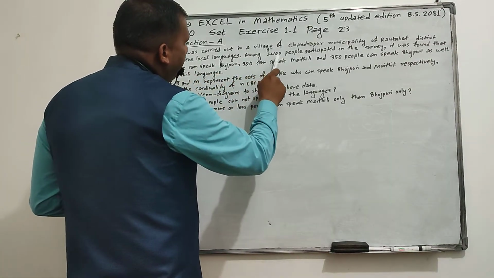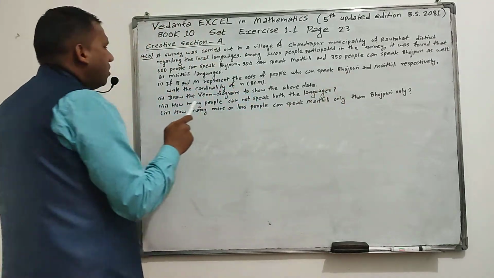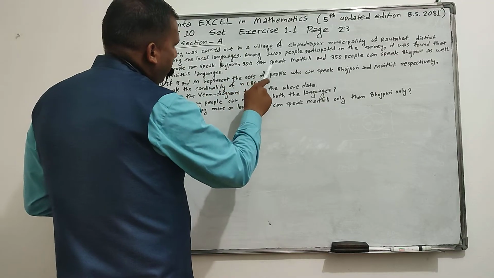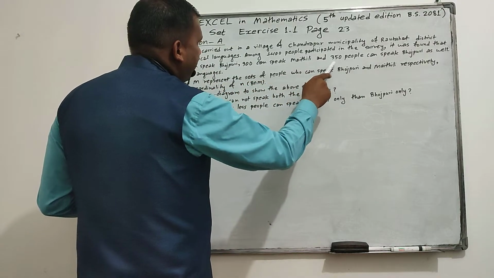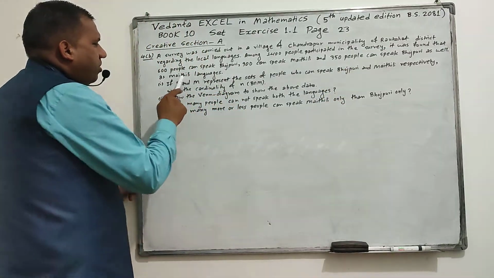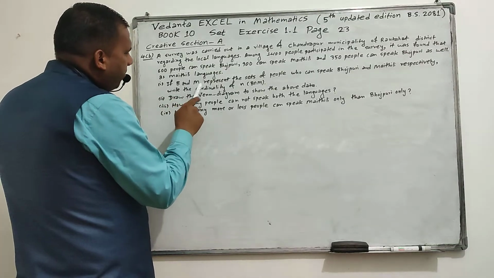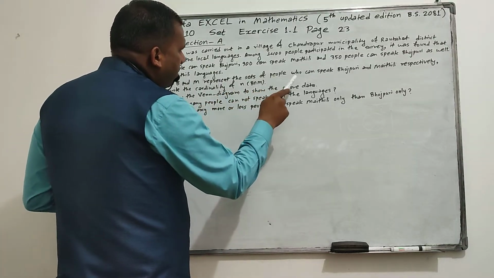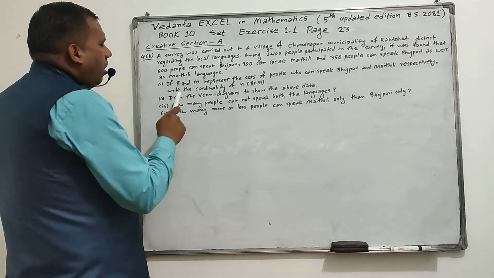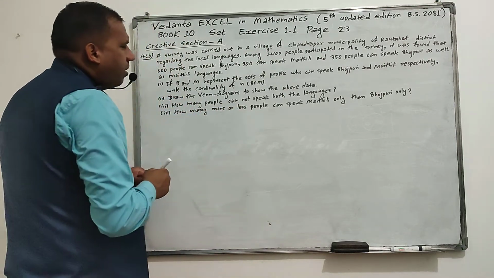Among 1,400 people participated in the survey, it was found that 600 people can speak Bhojpuri, 900 can speak Maithili, and 350 people can speak both Bhojpuri and Maithili languages. Number 1. If B and M represent the sets of people who can speak Bhojpuri and Maithili respectively, write the cardinality of n(B intersection M).